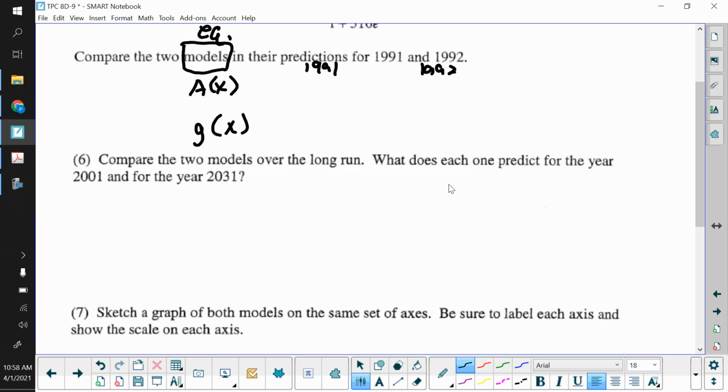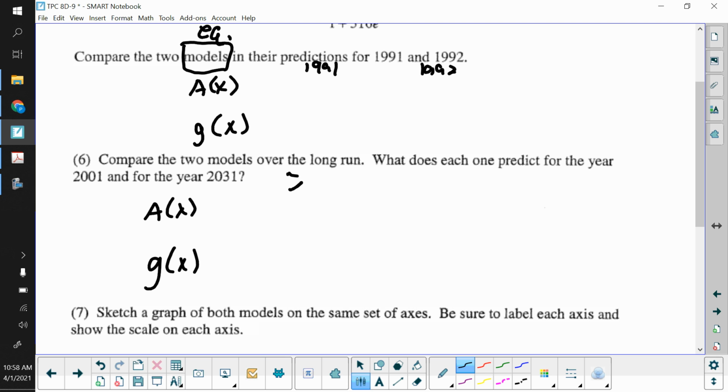Now we want to compare it in the long run. So we want to do 2001 and 2031. Again, you're going to do it for a of x and for g of x, and see how many cases it tells for each of them in 2001 and also in 2031.